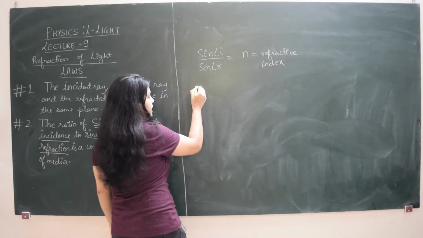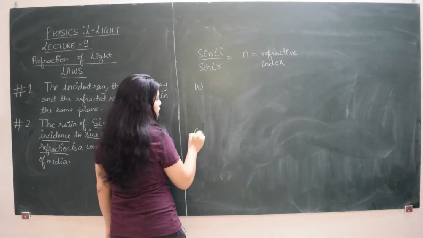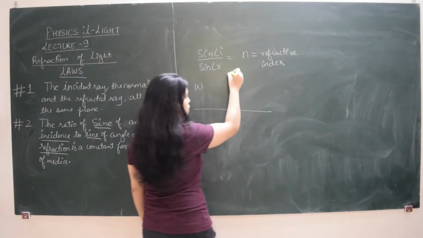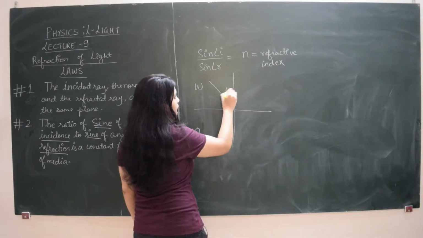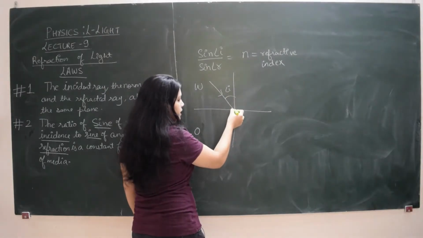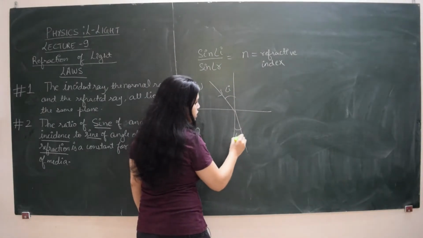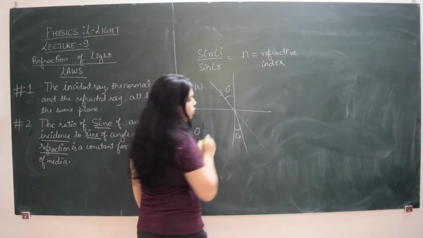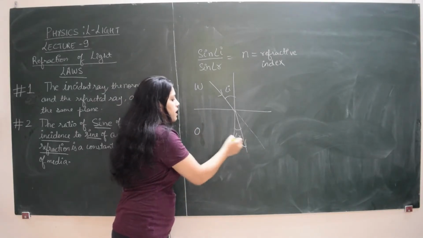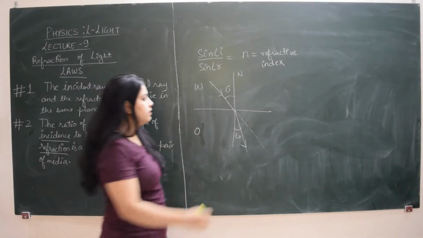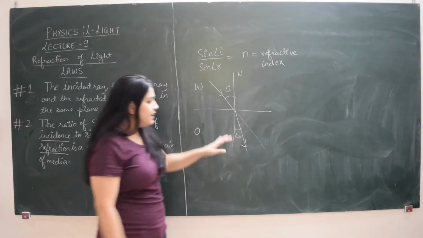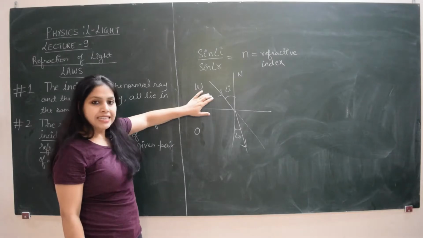So again, let us say we have water and we have oil. This is the incident ray, angle of incidence, and the ray bends towards the normal. This is the angle of refraction. This should have been the original path, so I have made an arrow here, and this is the normal. Here we can see that the ray is incident in water.